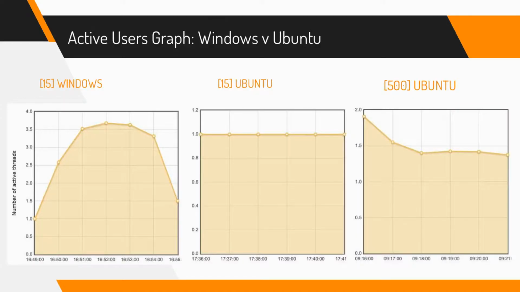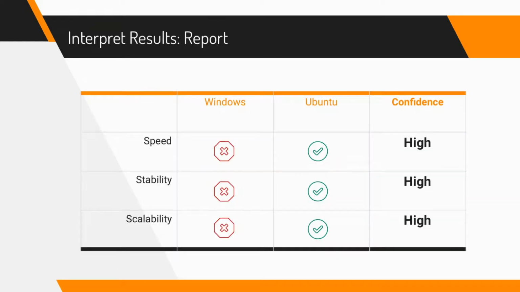Now, this diagram is a general idea to highlight that the majority of the responses on the Windows server were between 0.5 seconds and 1.5 seconds. Now, on the Ubuntu servers, both of those responses were less than 1 second, or less than half a second, in both instances.